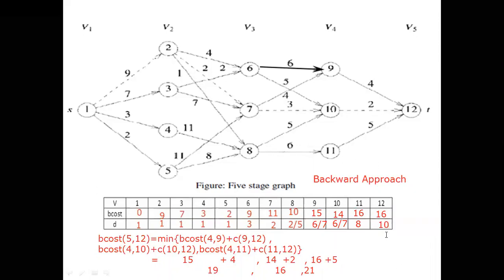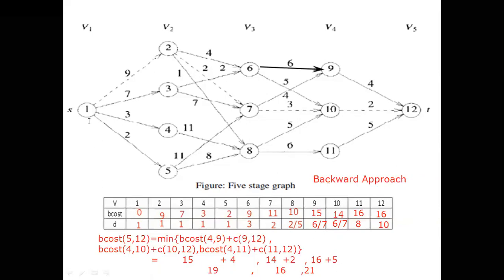Now observe one thing here. Here 16 is coming. If you see the forward approach, for 0 you will get 16. What is this 16? The shortest path from 1 to 12 is 16. In the forward approach, unfortunately, we solved from 12 to 1. There also for 1 we got 16.